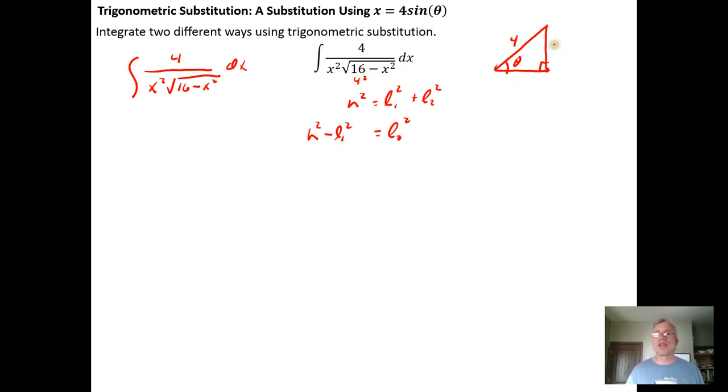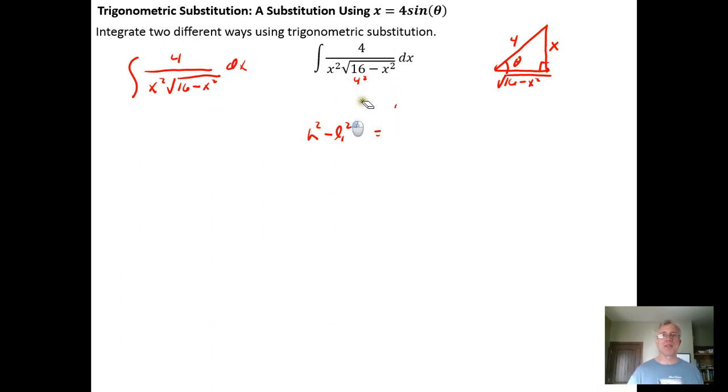I'm going to assign x to the side opposite my angle theta, and if you take the square root of both sides, you have the length of the other leg.